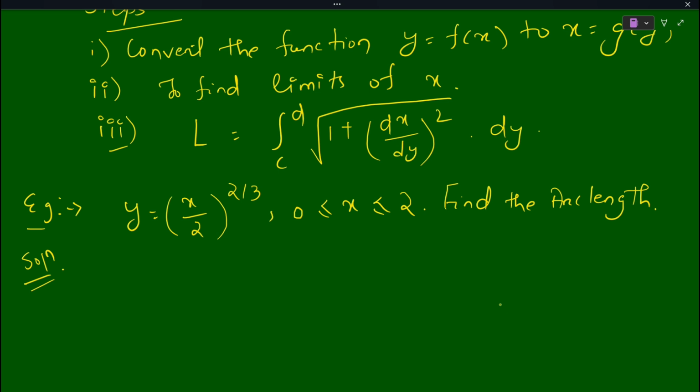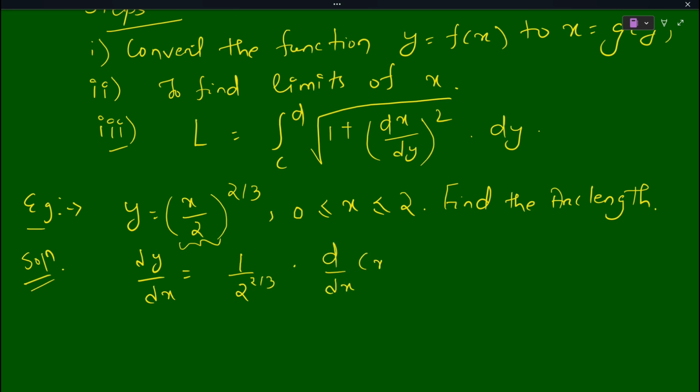Let's see what is the value of dy by dx. Now see here, what is the constant term? Here the constant term is 1 by 2 to the power 2 by 3, so the constant term will go out of the derivative, and we get 1 by 2 to the power 2 by 3 into the derivative of x to the power 2 by 3.